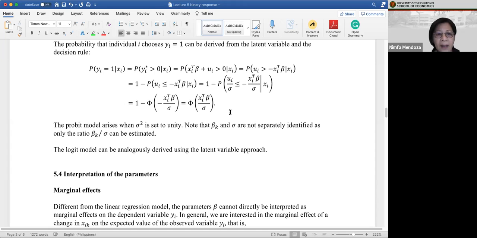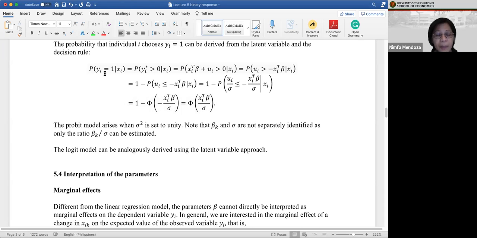You get the probit model when sigma squared is set to unity. Note that if sigma squared is set to unity, sigma is also equal to 1.